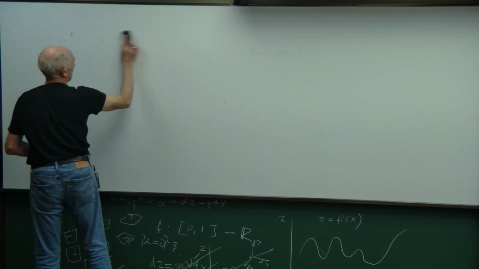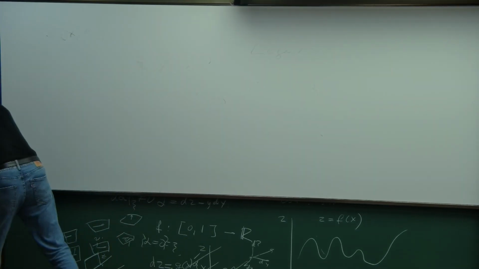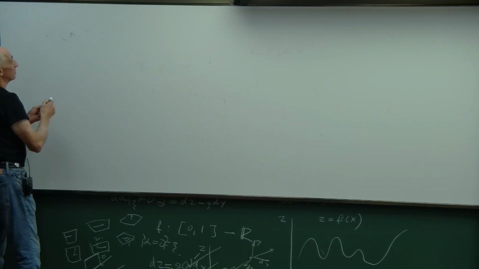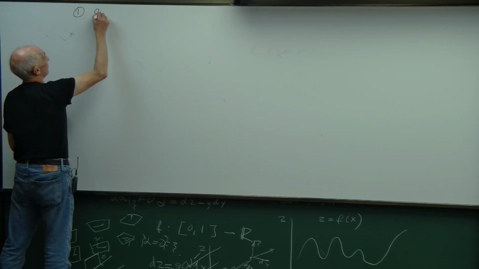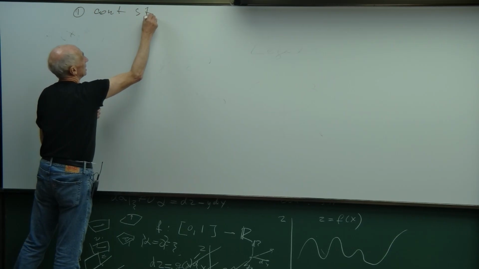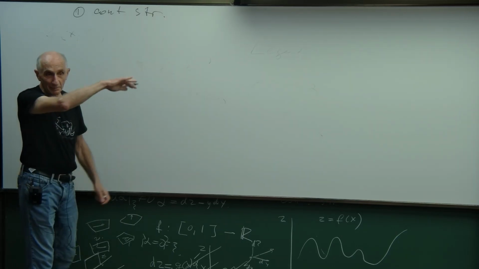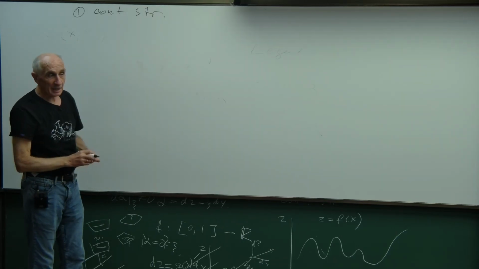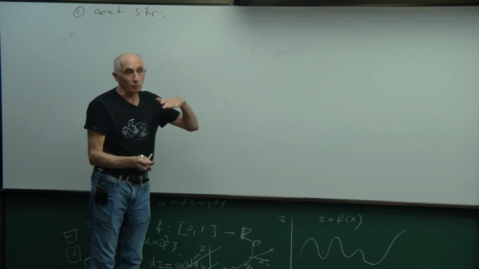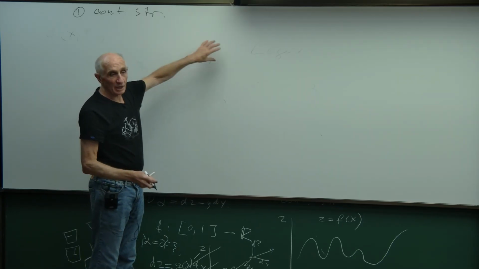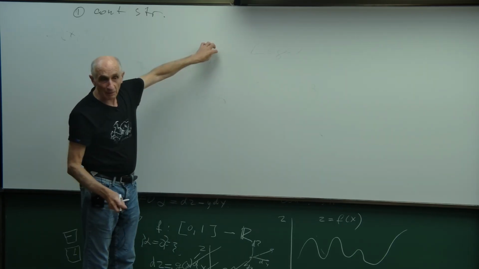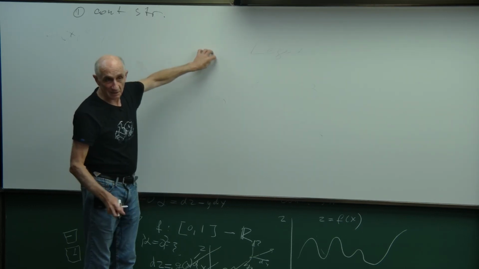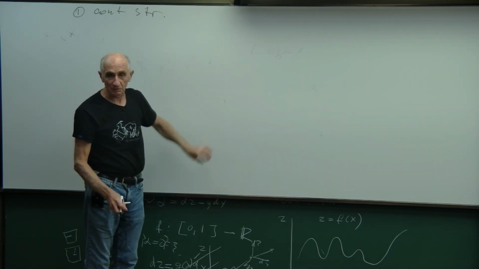I said there are these contact structures. Let me summarize what we said. We have a contact structure. This is a non-integrable hyperplane field like this, and there is what is called the Darboux theorem, which says that locally all contact structures in some coordinates look exactly like this, given by this formula.